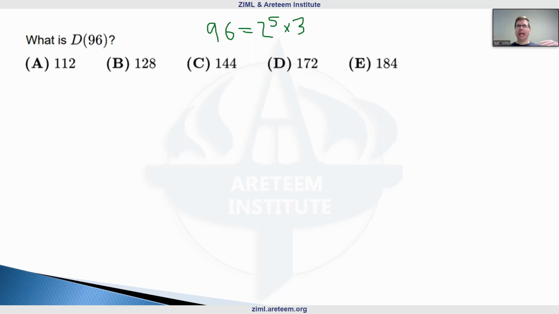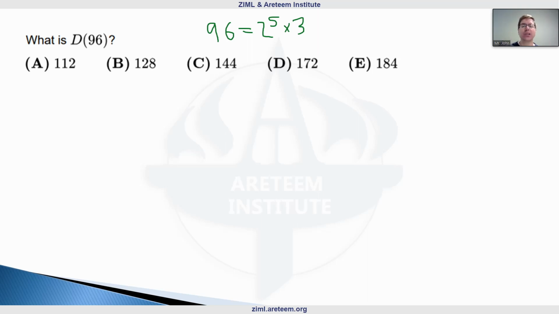Now, when we have a product of factors, each of those factors is made up of the primes. These primes are always our building blocks. A lot of the time it can help us understand what's going on if we look at prime factorizations.